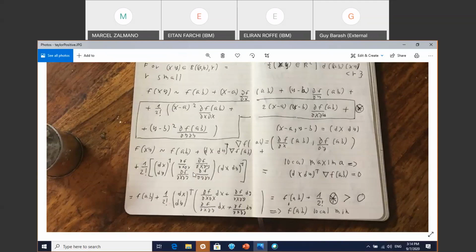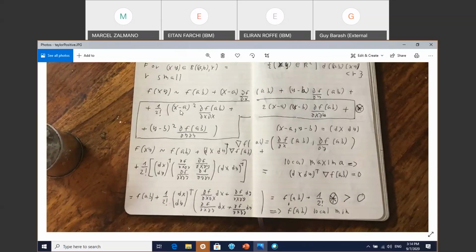So let's just see that. If you multiply this by dx dy transpose, you get this here. This is a 1 by 2 vector times a 2 by 2 matrix. If you multiply this using matrix multiplication, you get back the same thing that you have here.